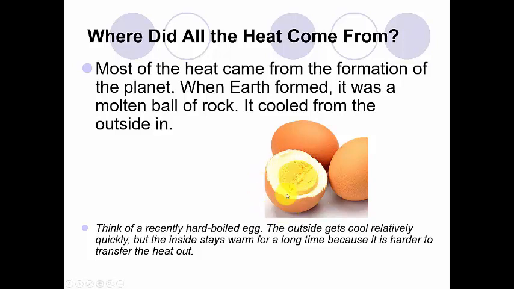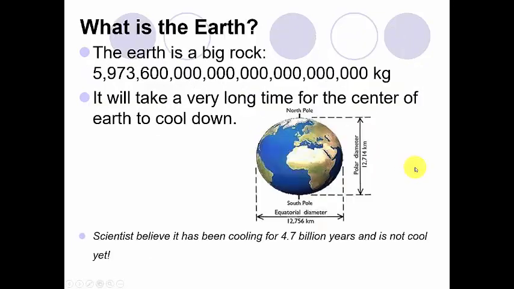But when you crack it open, the white layer is still pretty warm and it's really hot in the middle, and it takes a longer time for the heat to transfer out. That would be analogous to the Earth. There's a lot of heat inside and a cooler outer layer.